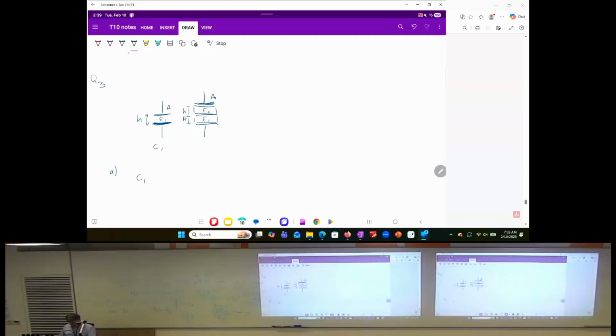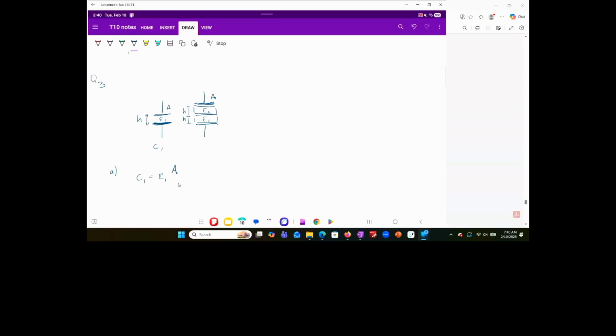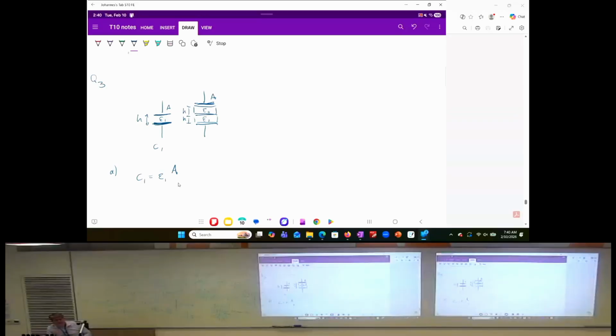So for C1, we know the parallel plate capacitor formula is given by taking the permittivity. You can very easily remember the capacitance: if you have a parallel plate capacitor, the larger your electrode plate is, obviously you can store more charge. You have two large plates, so you have a lot of area where you can put charges that attract each other.